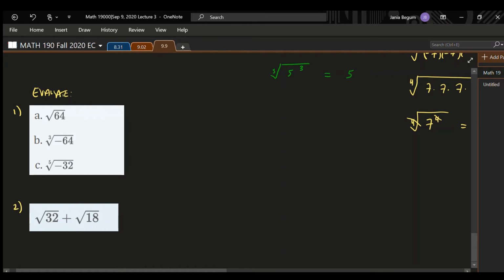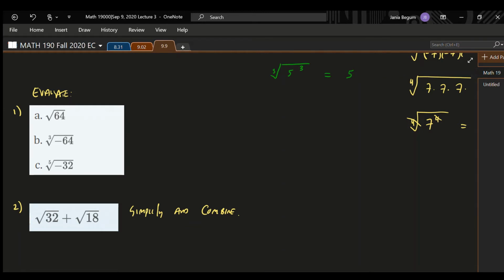For the second one, you want to simplify and combine. I'll give you guys about 3 minutes to work on these. The first 3 should be very quick, and the last one might require a little bit more time, so 3 minutes should do.